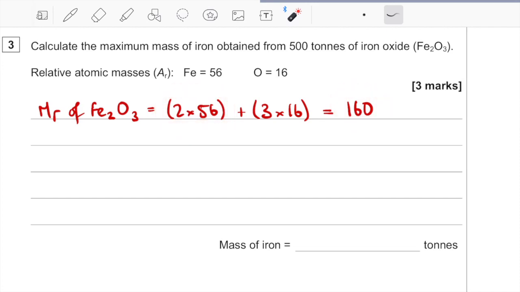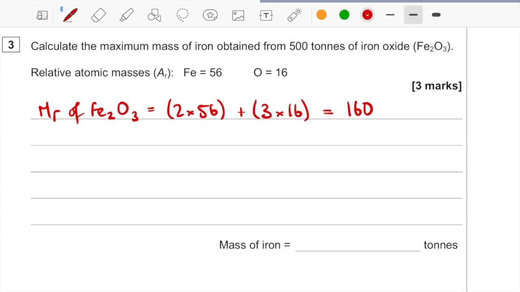That's 112. So if I had 160 grams of iron oxide, I would have in it 112 grams of iron. So it's a fraction, and that's how we now work the answer out.